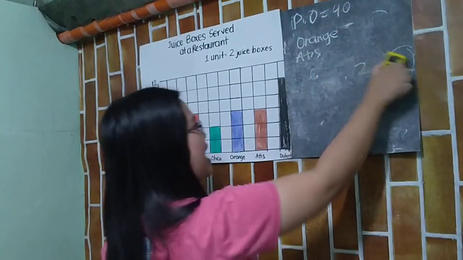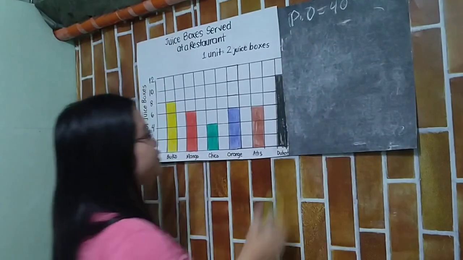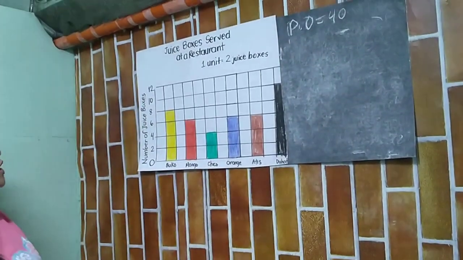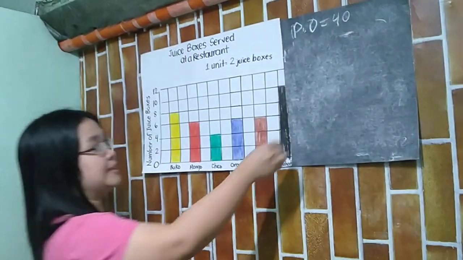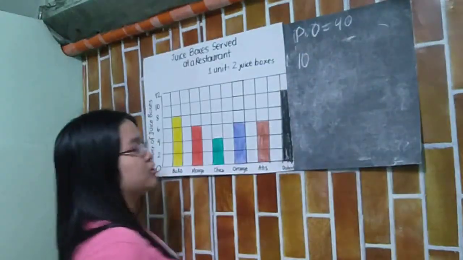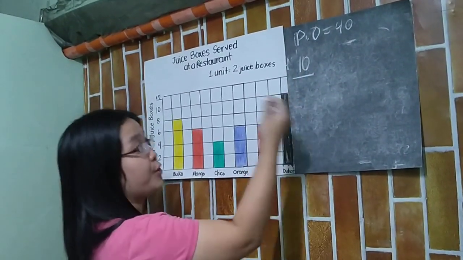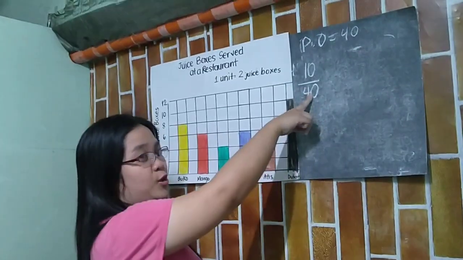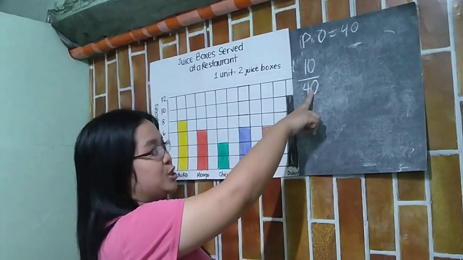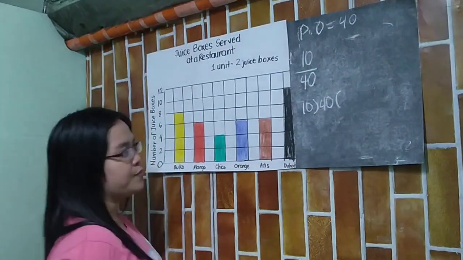Now, let's have the juice that is being served the most, the duhat. So as you can see on our graph, the duhat is 10. So its favorable outcome is 10 over 40, which is our possible outcome. So this one, we can also simplify by getting its GCF. So what do you think is the GCF of the two numbers?